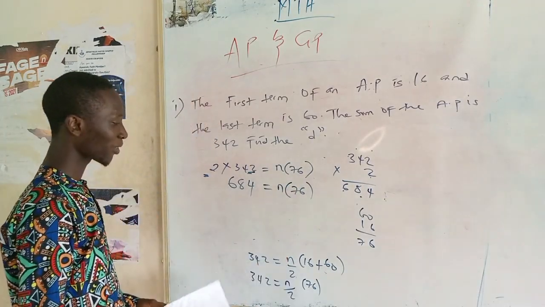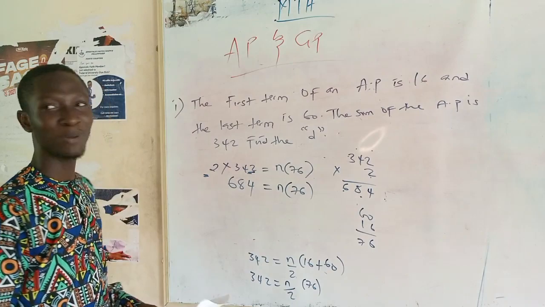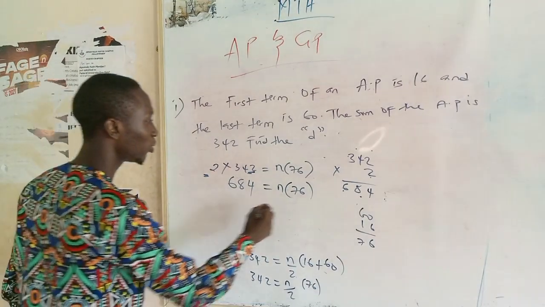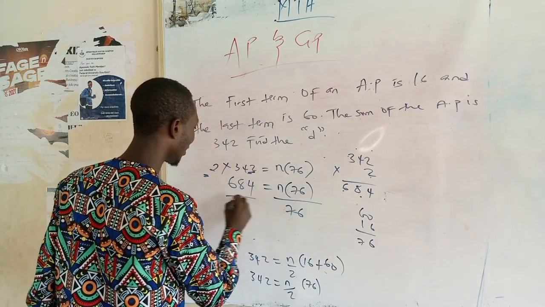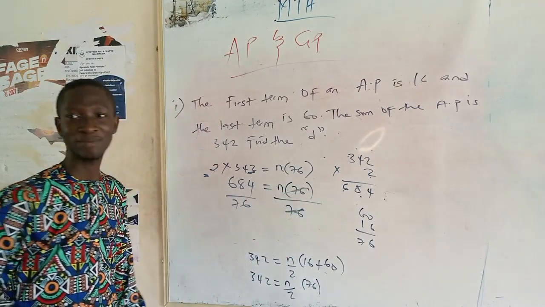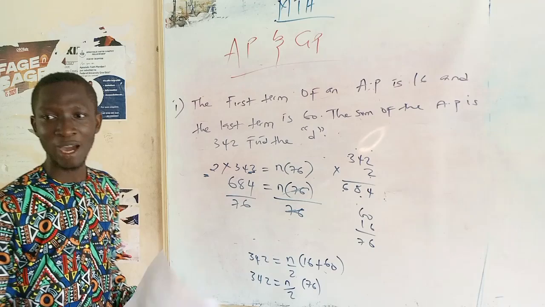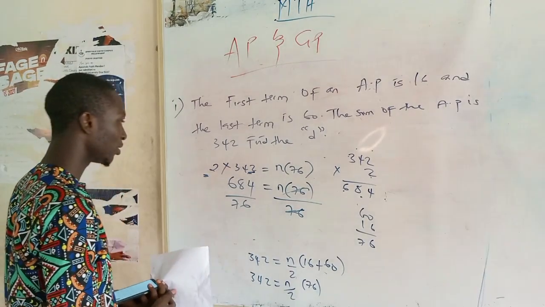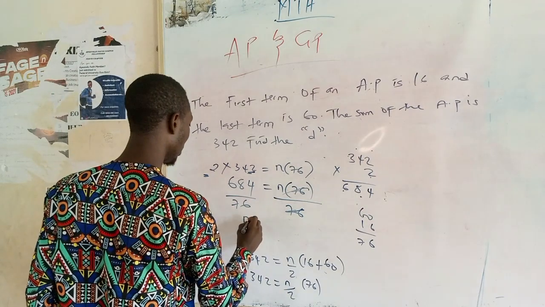So now, what do we do next? We divide both sides by 76 to get our n. What's our answer? Our answer is 9. So therefore the number of terms is 9.